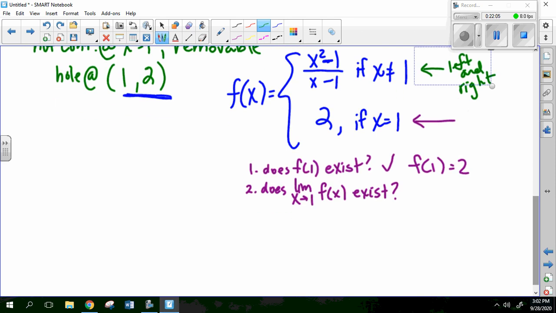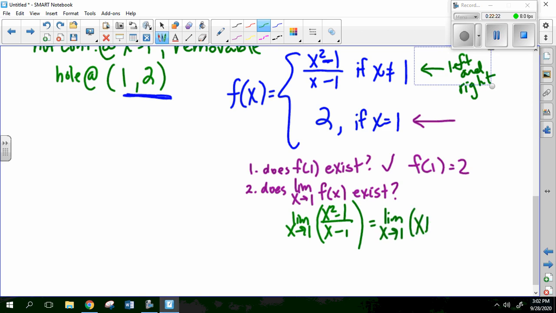Let's make sure we can find it. If I want the limit as x approaches 1, I have to use the top piece of the piecewise. Direct substitution gives me 0 over 0, but we also know that this reduces to x plus 1. And when I take the limit with direct substitution now, the limit is 2.